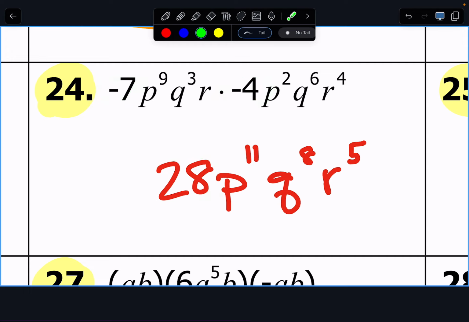Yeah, positive 28. Oh, it's q to the 9th? Yeah. Okay. It's like a 5. Her little 6 is complicated. Yeah. Like it got printed poorly? Yeah. I will forgive you.